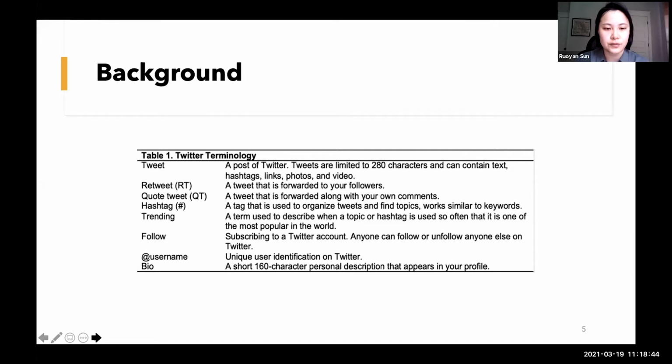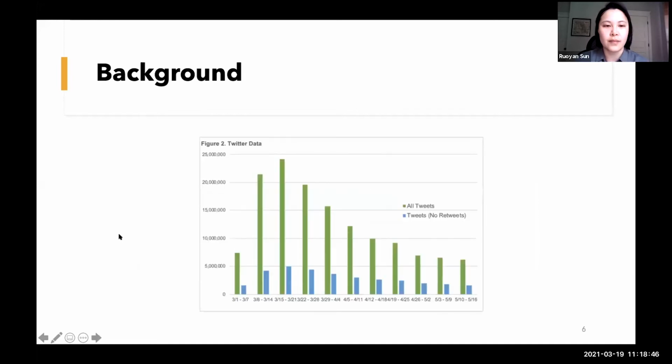Here is to give you an idea of how much data we have. This is the COVID-19 related data amount on Twitter from the beginning of March till mid-May. The y-axis is the number of tweets. This is a huge amount of data that's available online.